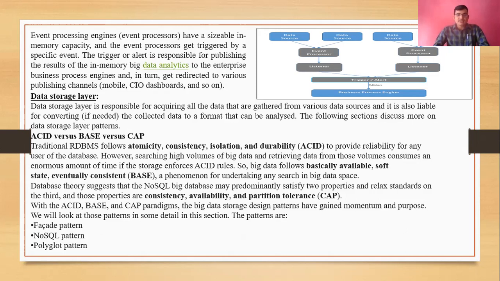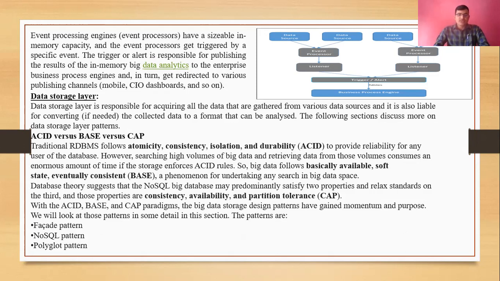So these ACID properties, atomicity, consistency, isolation, and durability, are used in the data storage layer to generate a format of data. Database theory suggests that NoSQL big databases may fundamentally satisfy two properties and relax standards on the third.